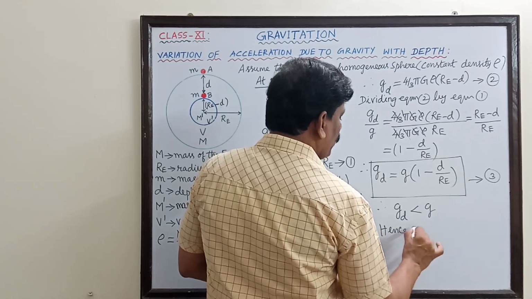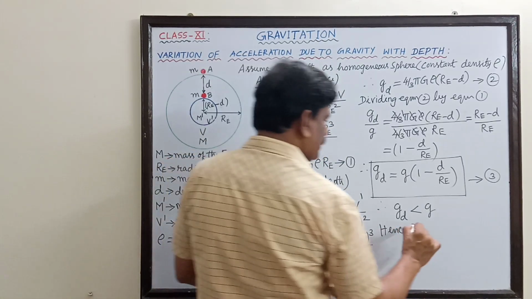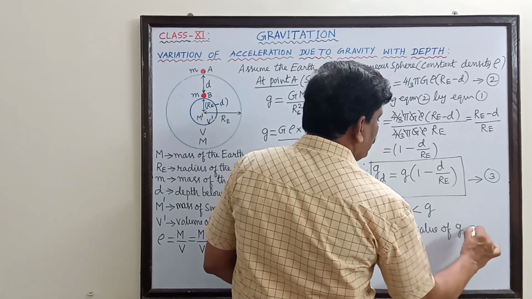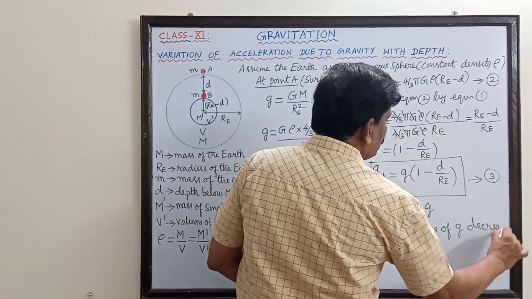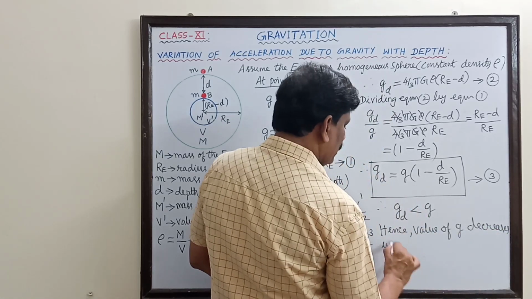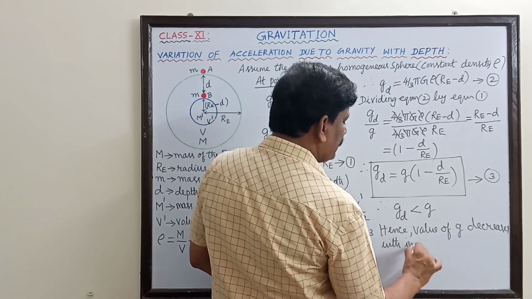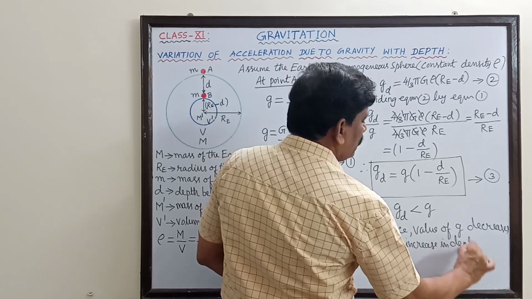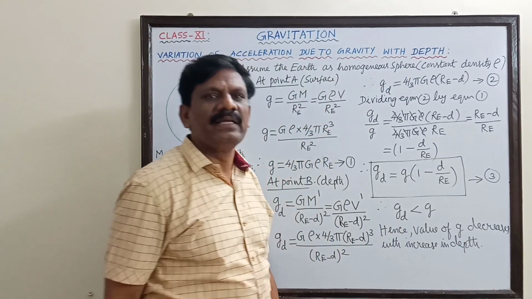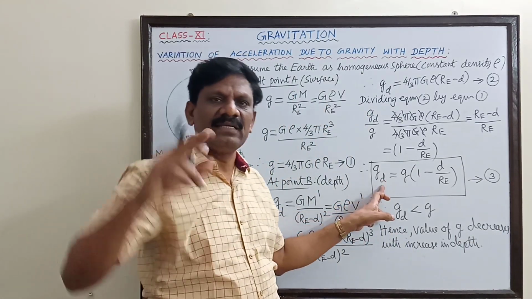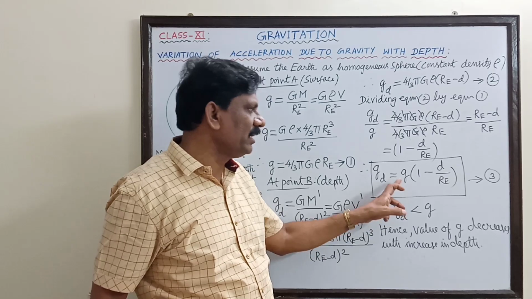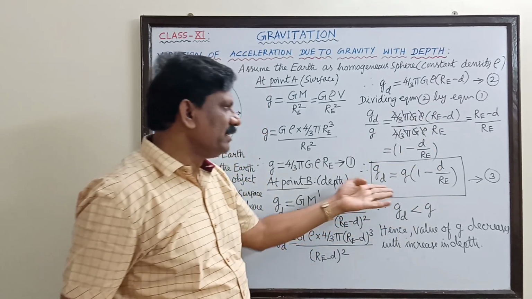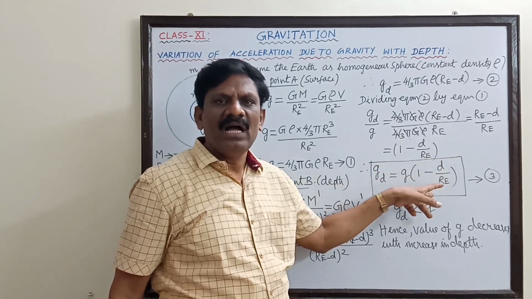So, we conclude, hence, the value of g decreases with increase in depth. Now care must be taken that if you take g at a certain height, for height we got g into 1 minus 2h by r, but for depth it is only g into 1 minus d by r.